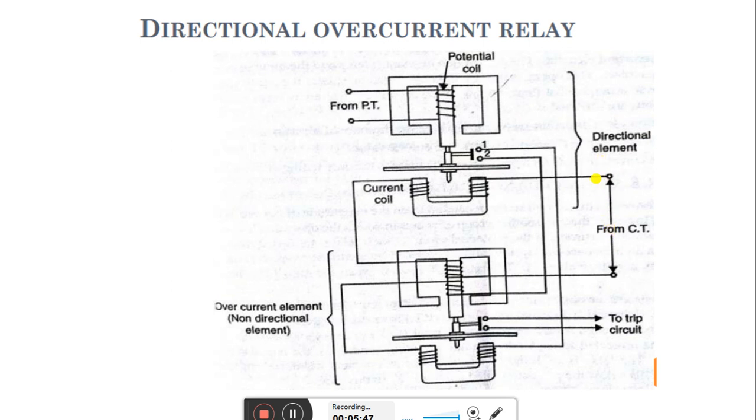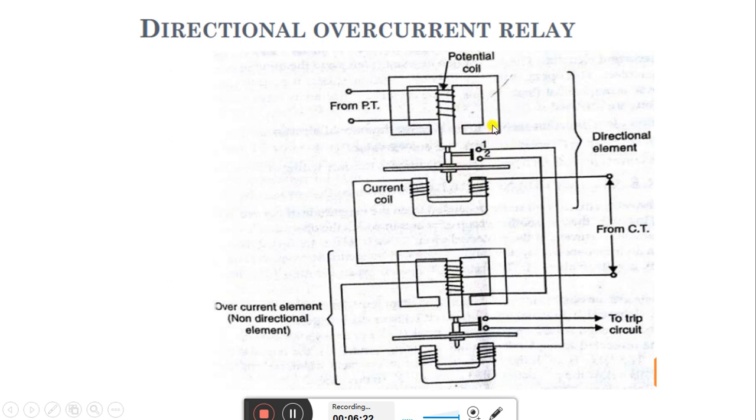Similarly, this current coil is extended to this lower E-shaped magnet also, and further the bridging contacts of the directional element are extended to secondary winding of the lower magnet. So this circuit is called the non-directional element and this circuit is called the directional element.